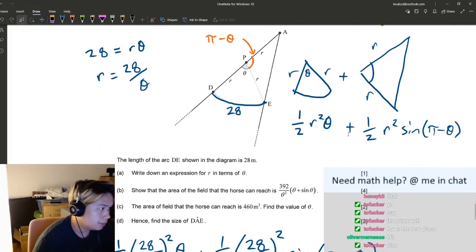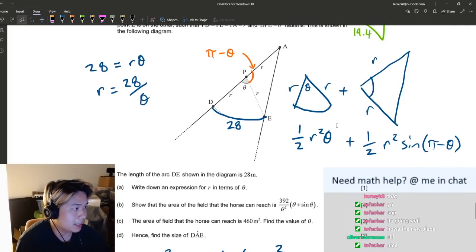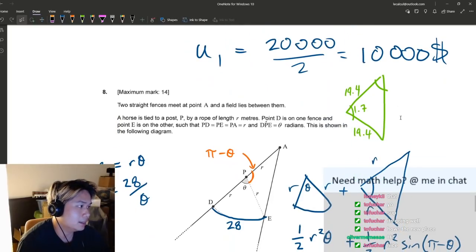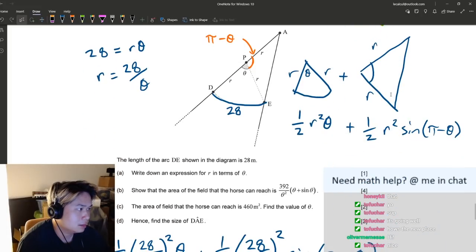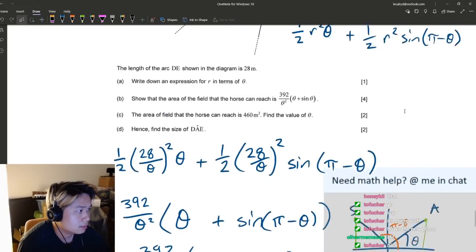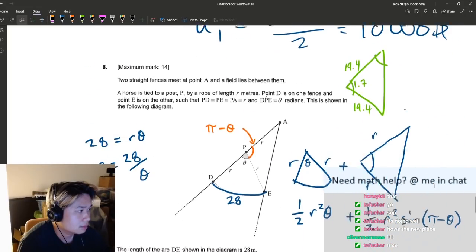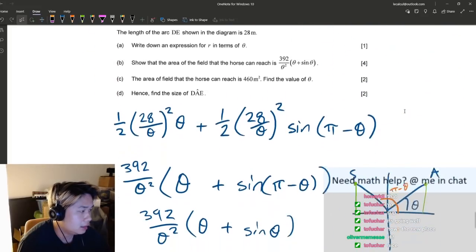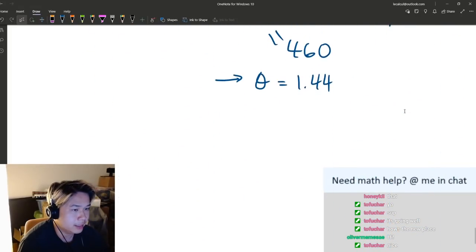Here's my thought. I was going to use cosine law to get this one, and then I can use sine law to get this one. But I think I'm going to use the fact that I already know what the area is.